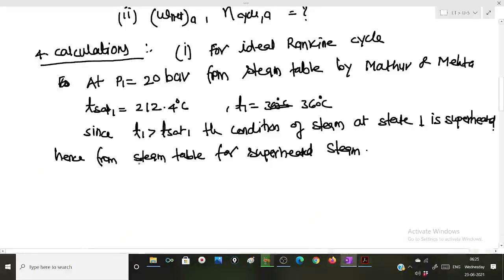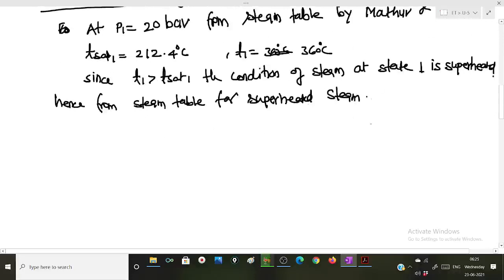So here at pressure equal to 20 bar and 360 degrees Celsius, by interpolation I have to get all other values.